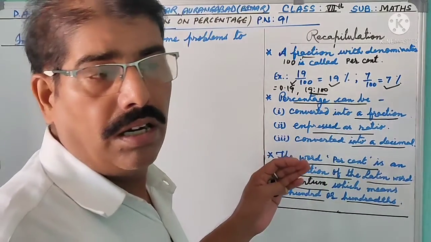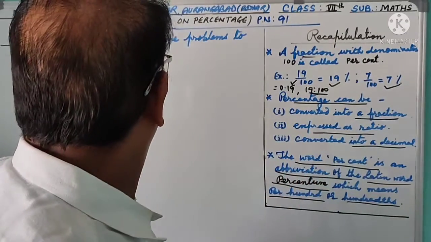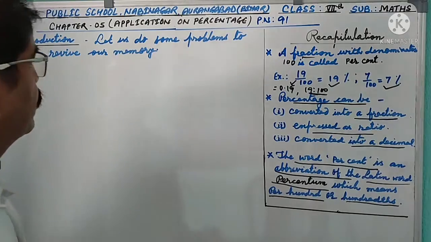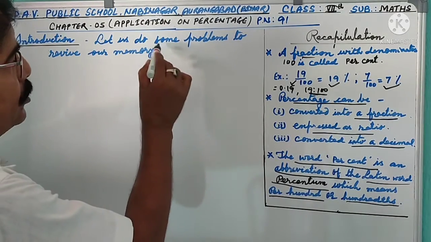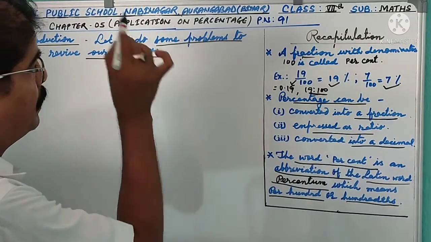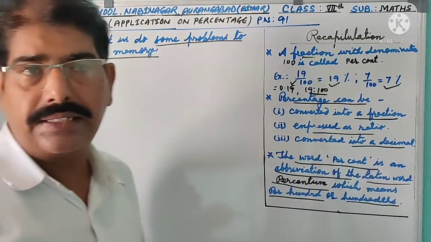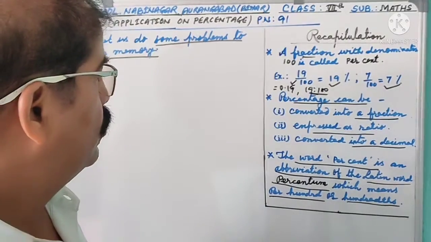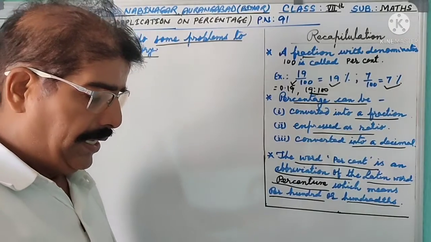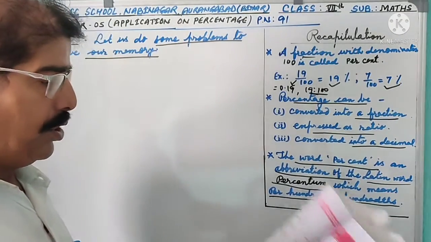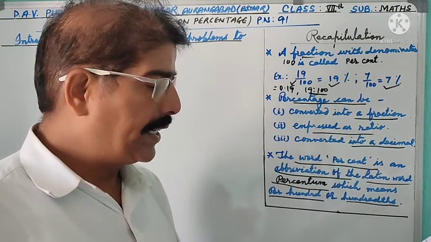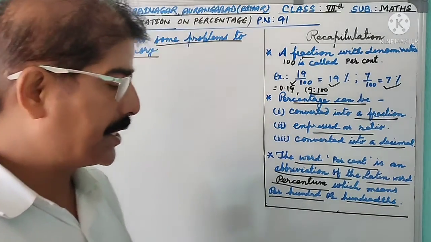Dear students, let us do some problems to revive our memory. In the previous class, you have learned about this. Your page number 91, first question. Express the following percent in lowest terms.